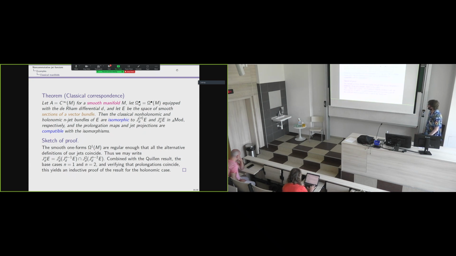And so we can write this intersection definition of the higher jets. You combine this with the base cases for n equal to 1 and n equal to 2, which we proved separately, and then we can inductively prove this for all n greater than or equal to 3. And also you should verify that the prolongation maps coincide, but that's a bit separate.